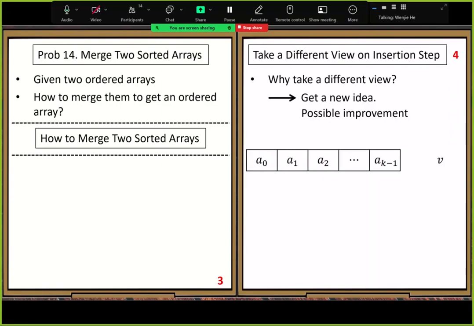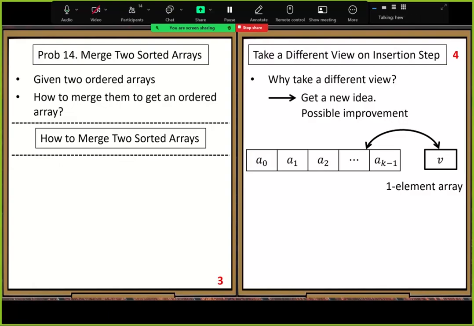Let's look at a typical insertion step. The A array is ordered. Now we want to insert a key V somewhere into an ordered array. But here, can we imagine that single element V is just a one element array?